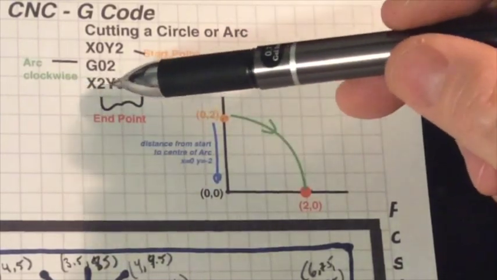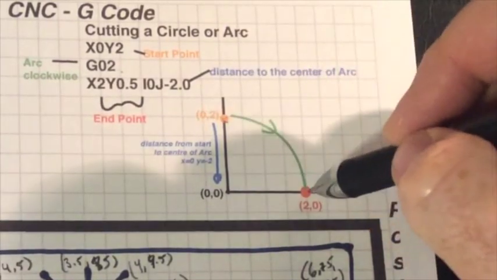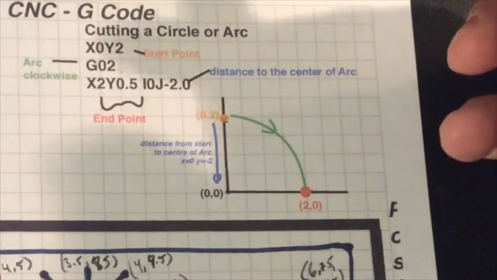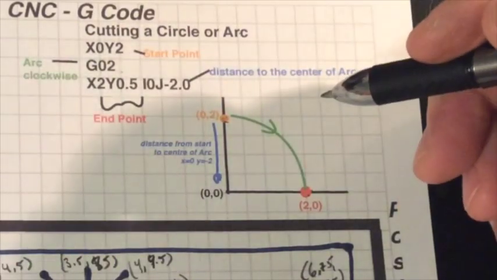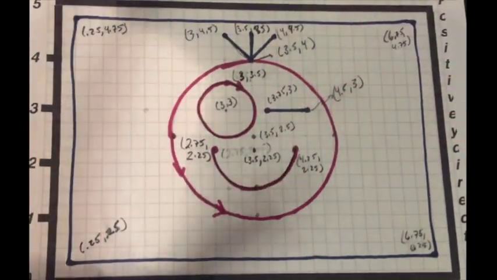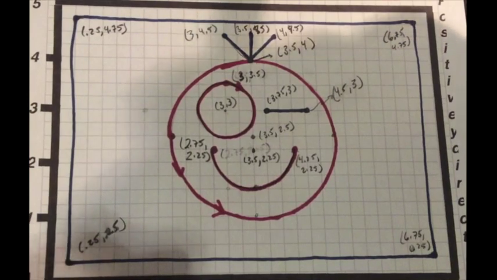So there's my full thing that's going to get me from here to cut to that spot. And that is called motion in a clockwise or counterclockwise. Sometimes you'll hear people refer to it as circular interpolation, but we'll just go with motion counterclockwise.